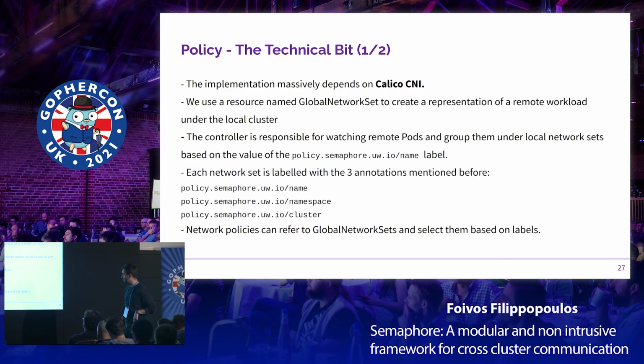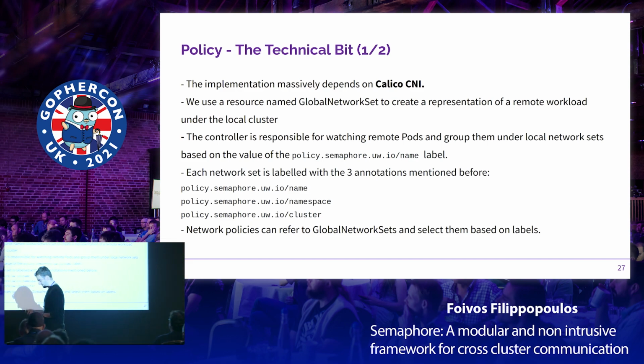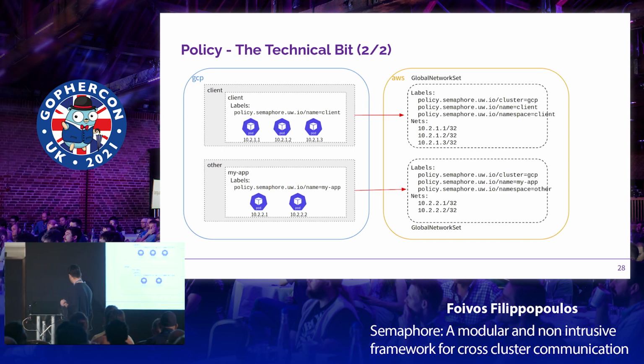Our controller is going to be watching the user's policies, and creating and updating local network sets that contain all the labels. Because of Calico, again, these network sets can be used when we specify network policies.